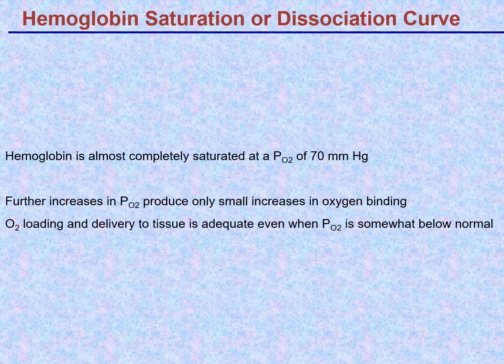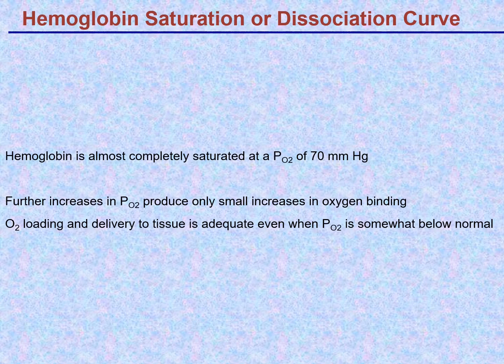Hemoglobin is normally almost completely saturated, in fact, at a PO2 of 70. Now that might not have been too clear on that previous slide, but you'll see in later slides. It gets up to 95 to 100% even at a PO2 of 70.